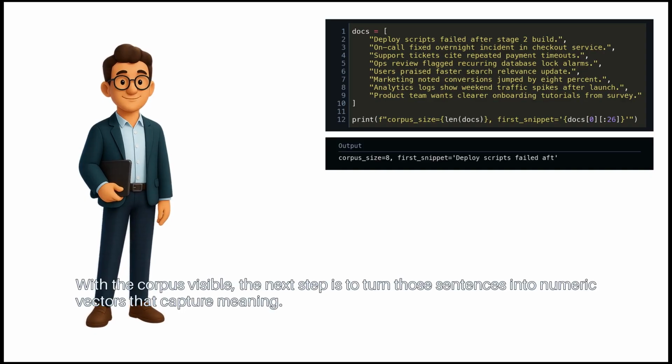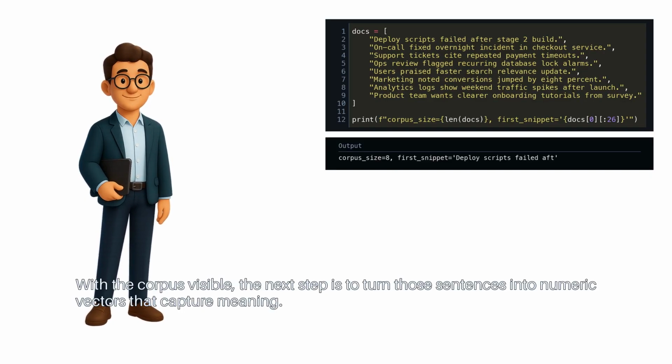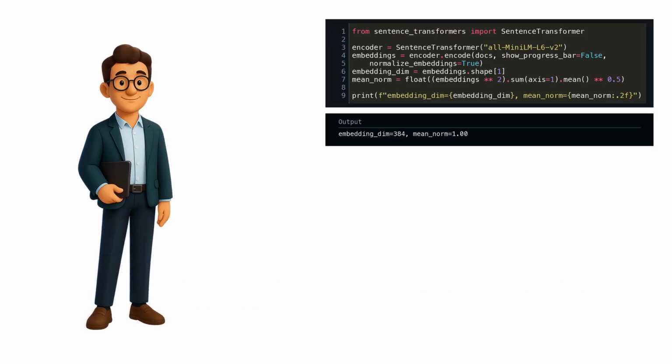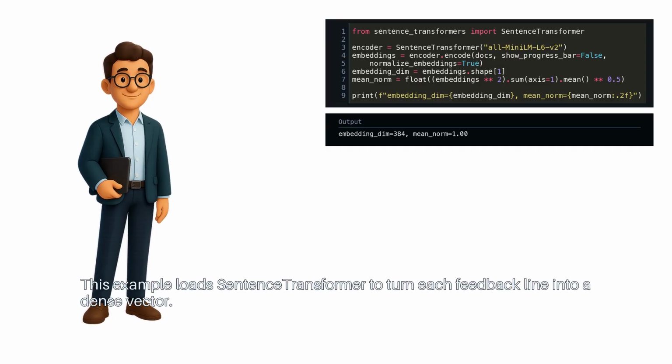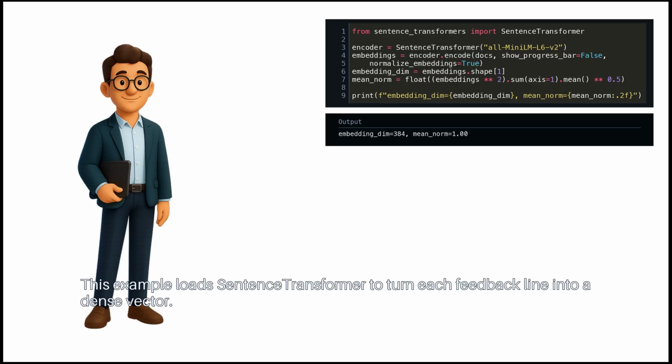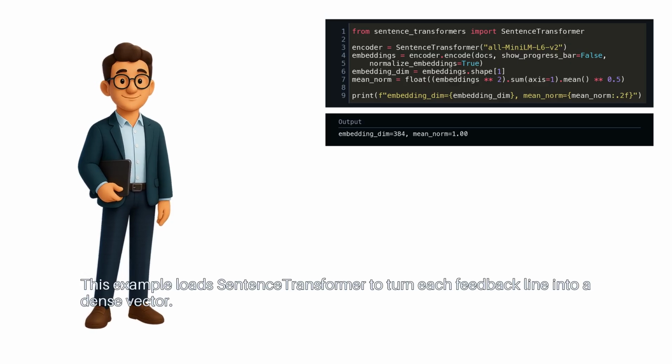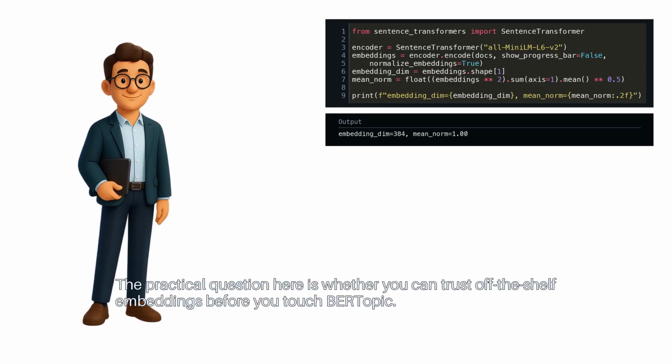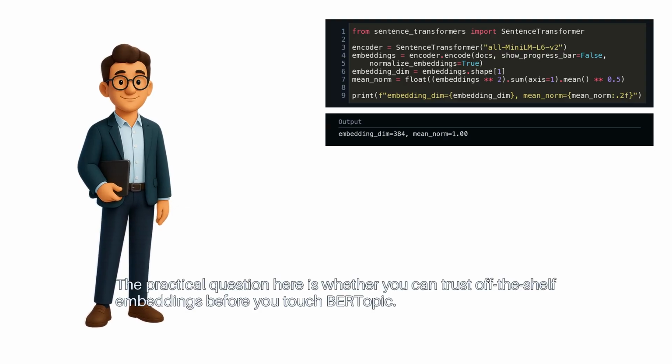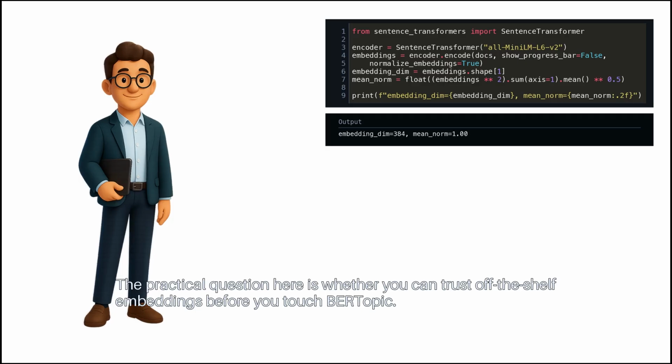With the corpus visible, the next step is to turn those sentences into numeric vectors that capture meaning. This example loads SentenceTransformer to turn each feedback line into a dense vector. The practical question here is whether you can trust off-the-shelf embeddings before you touch BERTopic.